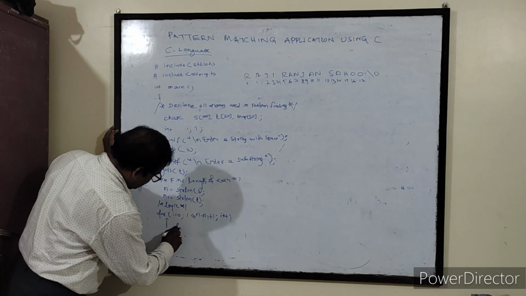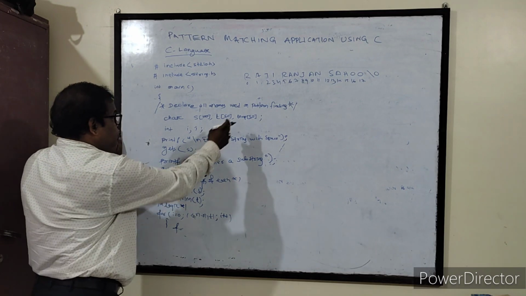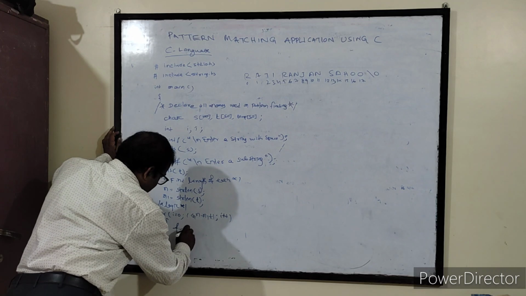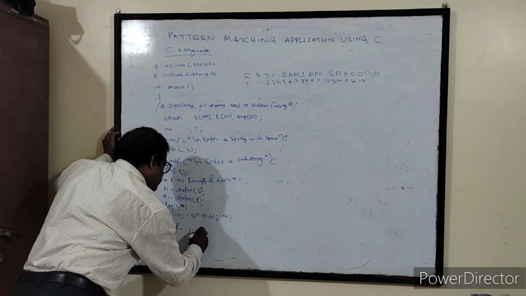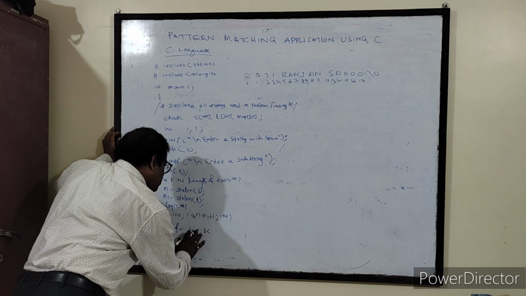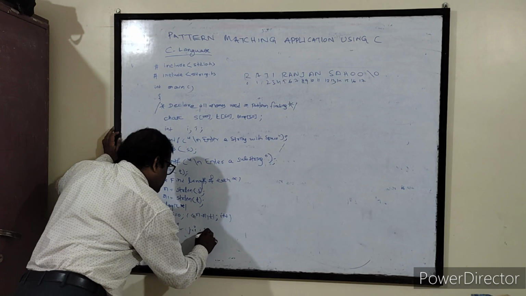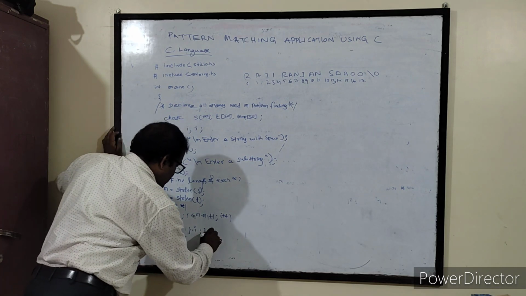I might use one variable called temp here. We write for j equal to 0, j less than, not 0 here, because each time we are finding, j less than n1 plus i.